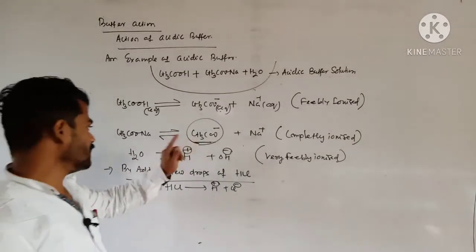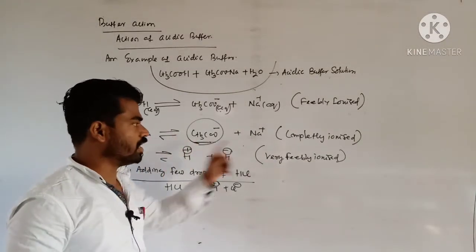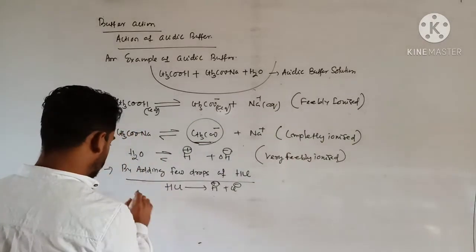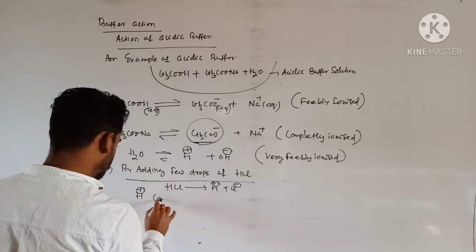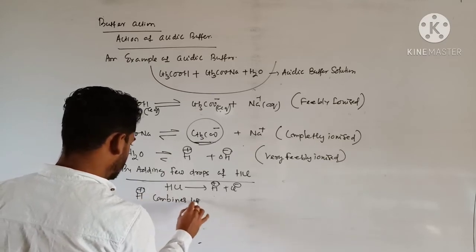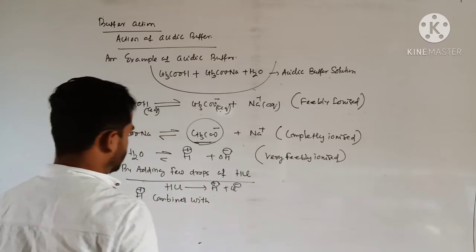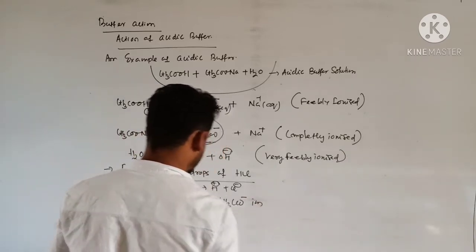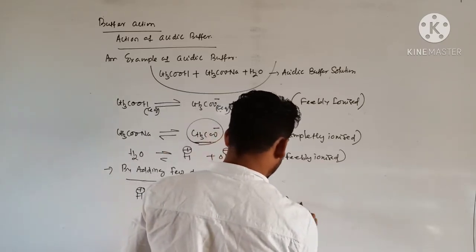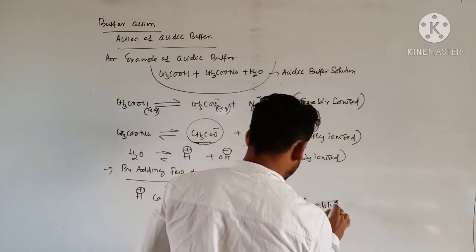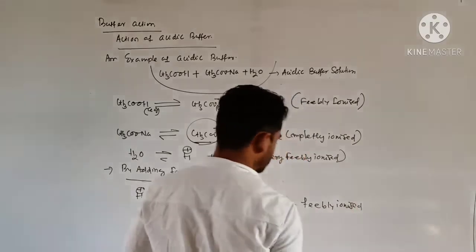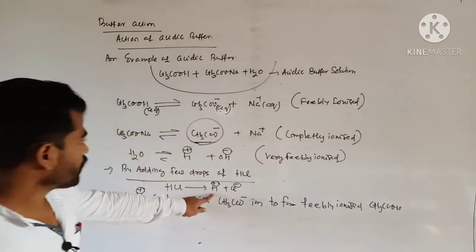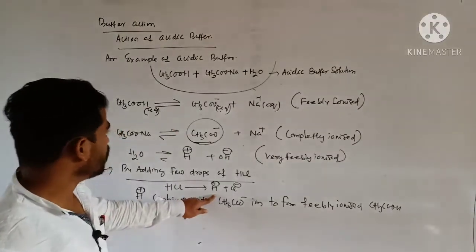This acetate ion is given by this salt, because this one is a strong electrolyte which is completely ionized. So now in the solution, H plus combines with the conjugate base, that is acetate ion, CH3COO minus ion, to form feebly ionized acetic acid.